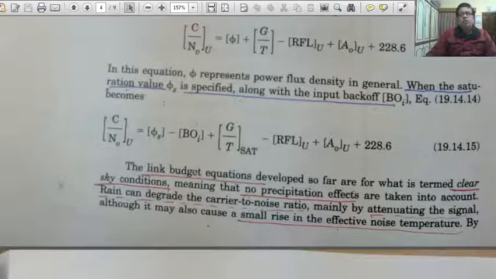When the saturation value phi s is specified along with the input backoff BOI, equation 14 becomes C upon N0U equal to phi s minus BOI plus Z upon T set minus RFLU plus A0U plus 2 to 8.6.